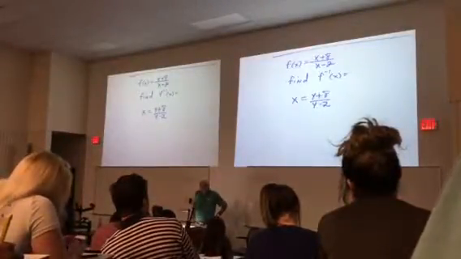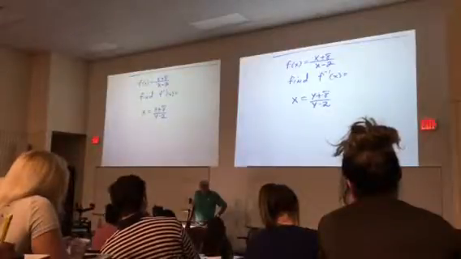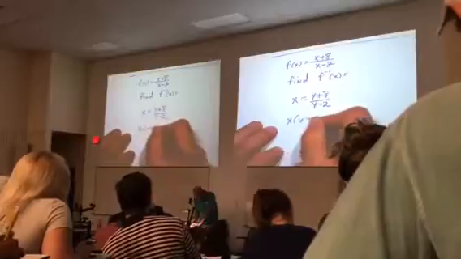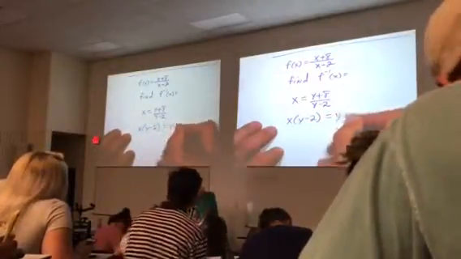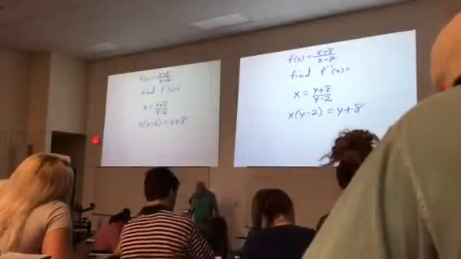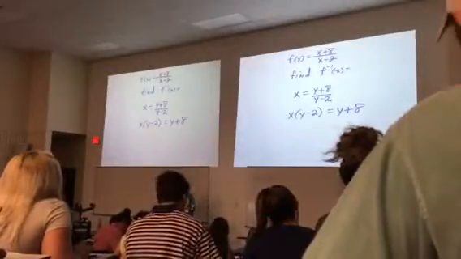Then what? Same steps from there. Back to the first day, I get rid of denominator. Always get rid of denominators. After denominators, it's grouping symbols.